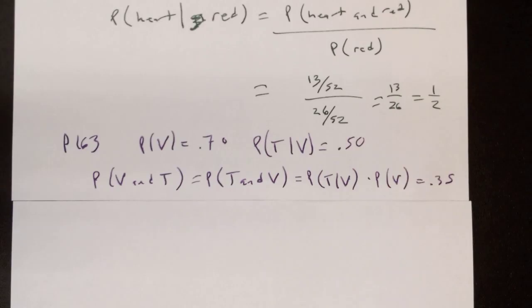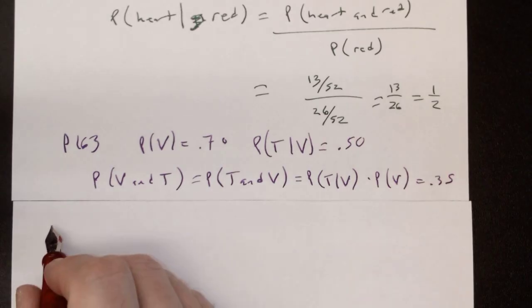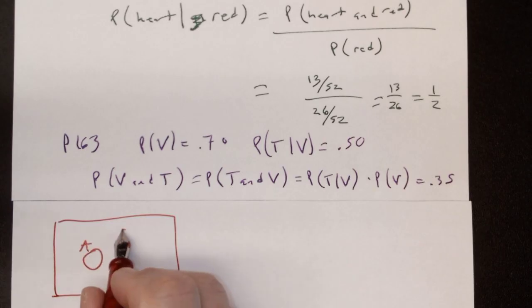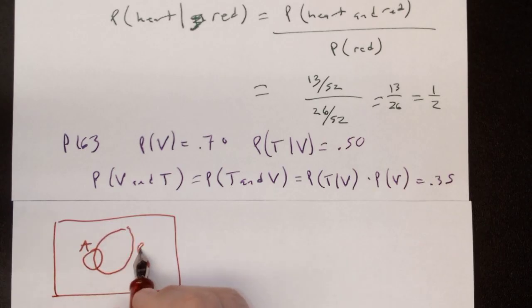Question. Does it matter if it's P of T given V or P of V given T? So let's think about our Venn diagram again. I'm deliberately exaggerating the two pieces, right?